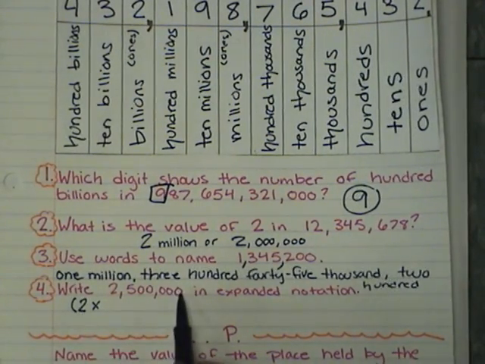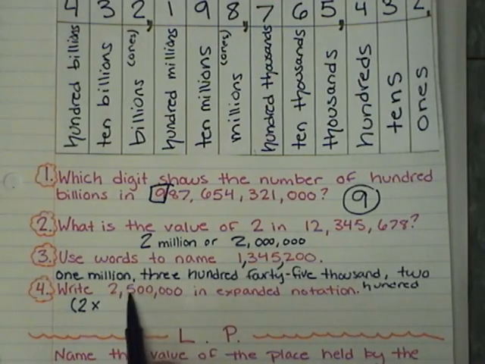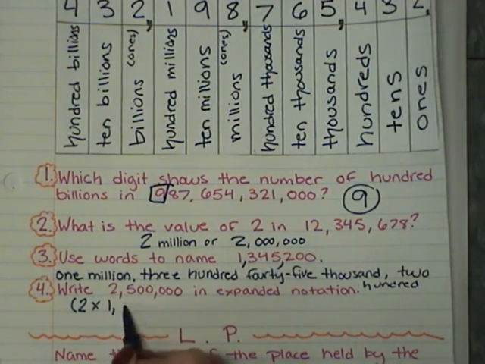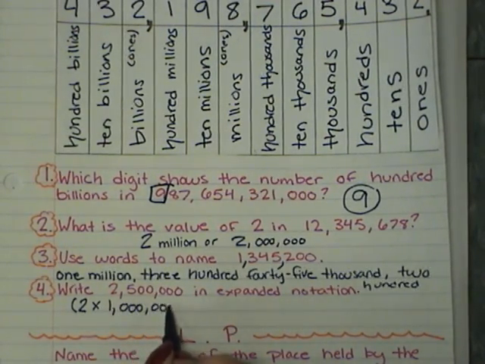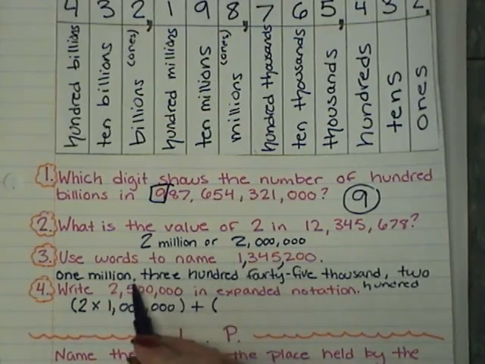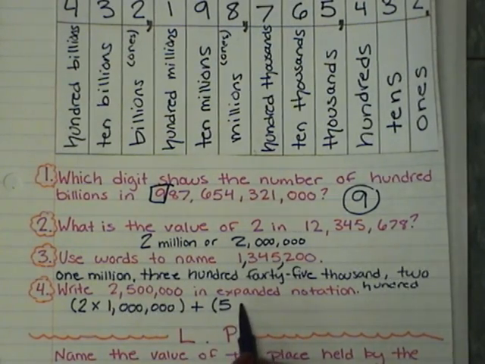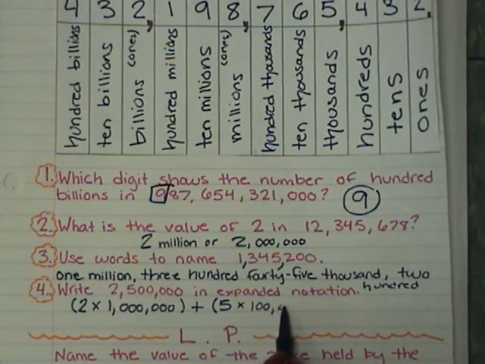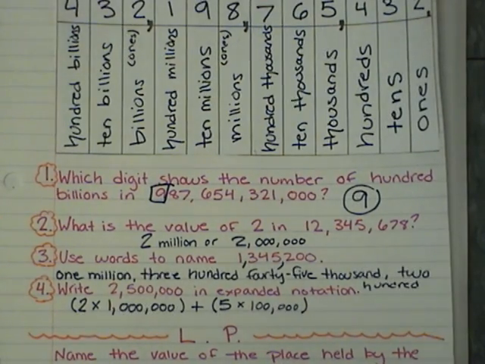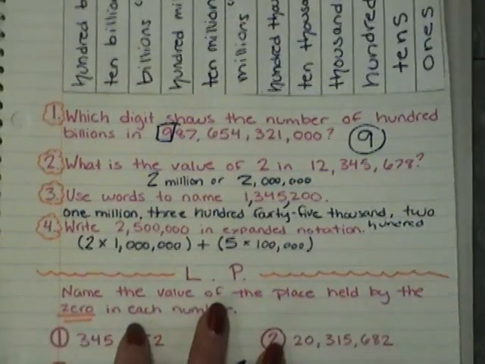So we have our ones, and then we have our thousands, and we have our millions. So this would be 1 million. Plus, what's our next number? A 5. What place value is it in? It's in ones, thousands, and then it's in hundred thousands. So that's what it looks like. And I know we did this a while ago, so if you need to look back, go ahead and do that. And then your lesson practice.